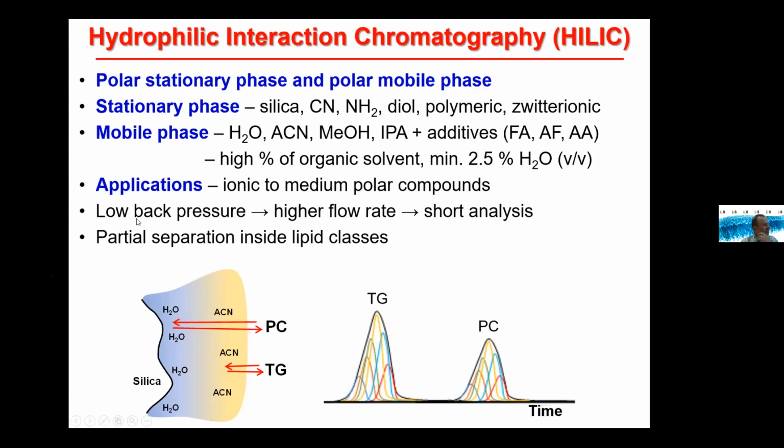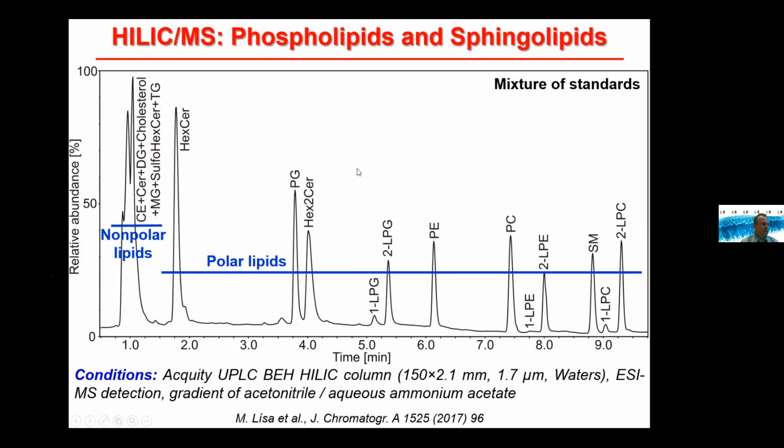Here we have relatively low back pressure of the system. It means that we can use a higher flow rate and shorten the analysis. And here you see that you also have partial separation inside individual classes. This is the example of HILIC separation of a mixture of standards of various classes of phospholipids and sphingolipids.